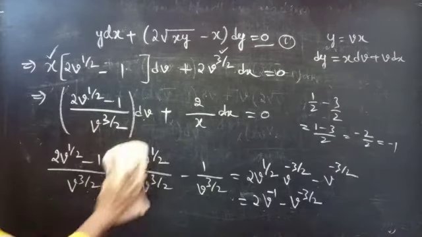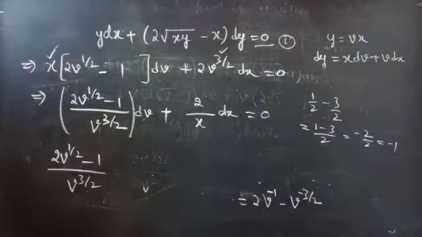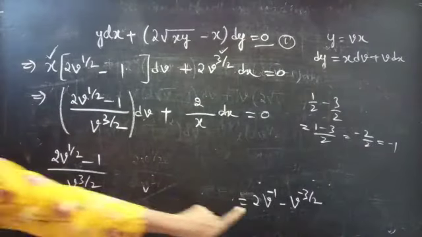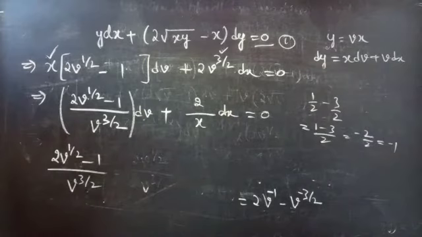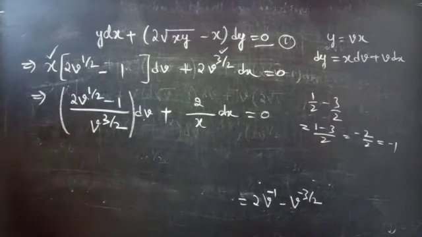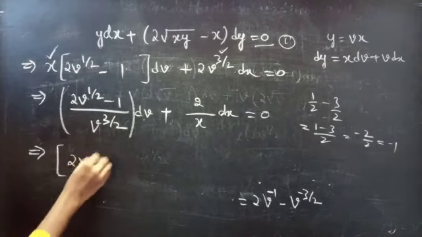Okay, so we'll replace this by 2 v inverse minus v power minus 3 by 2. Then this becomes 2 into v power minus 1.